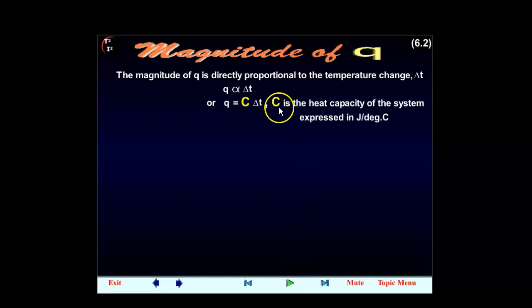And remember that C is a constant. Anytime you change a proportional sign to an equal sign, you get a constant in replacement. So this C is a constant.